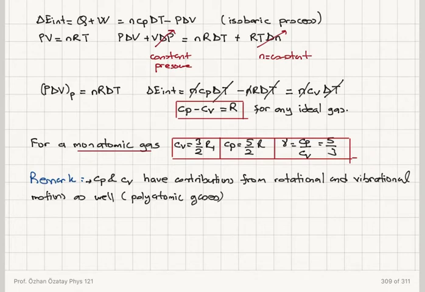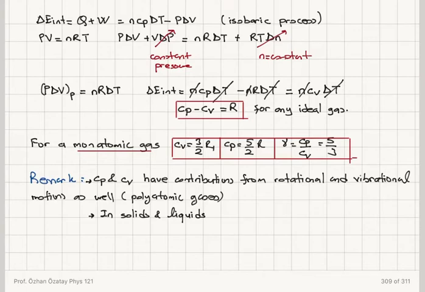And the second important point is that in solids and liquids, you may ask, why didn't we distinguish between Cp and Cv? We only had one C, specific heat. If you look at a constant pressure process where you are increasing the temperature, the change in the volume is so minute because the coefficient of linear expansion is so small, it can be neglected.